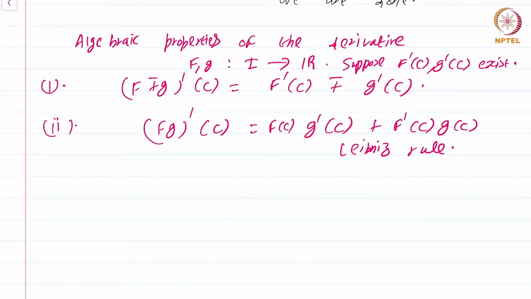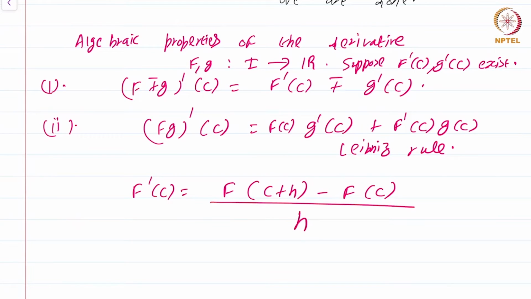So, as is familiar, I will just rewrite f prime of c as f of c plus h minus f of c by h. Of course, I must write f prime of c equal to limit h going to 0.